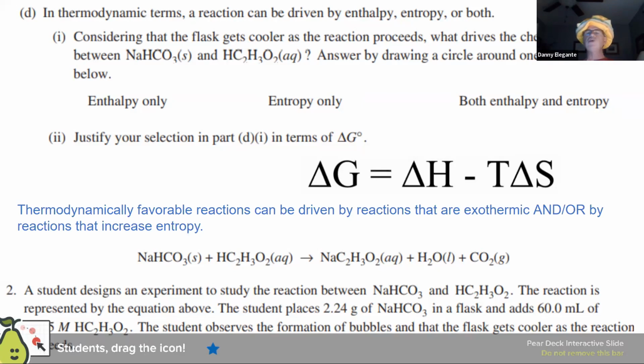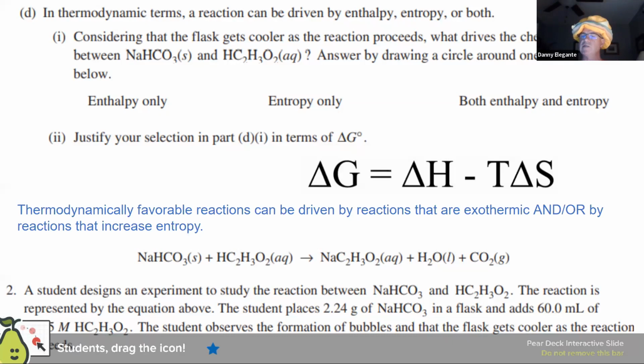So you could do it mathematically. You could dump in a positive number for delta H and show that if delta S is big enough, a positive delta S, that the positive delta S can kind of overcome the positive delta H because it's delta H minus T delta S.